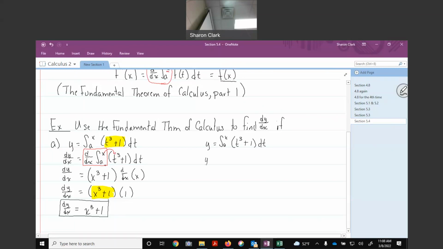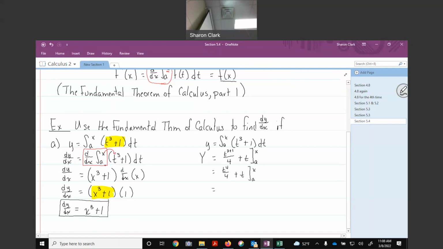So this would be capital Y equals t to the 4th over 4 plus t, and since this is a definite integral, we would evaluate from a to x.